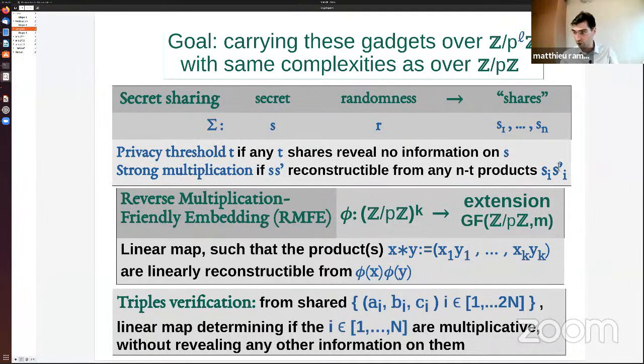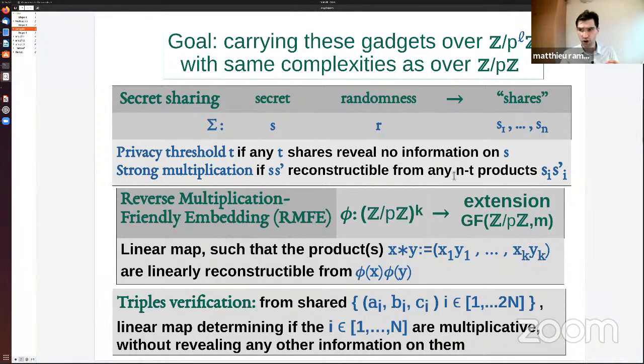You know many products S_i, S prime_i. Then the strong multiplication property states that even if you are missing some of these products, you miss T products, then anyway you can reconstruct the product of secrets from the n minus T remaining products.